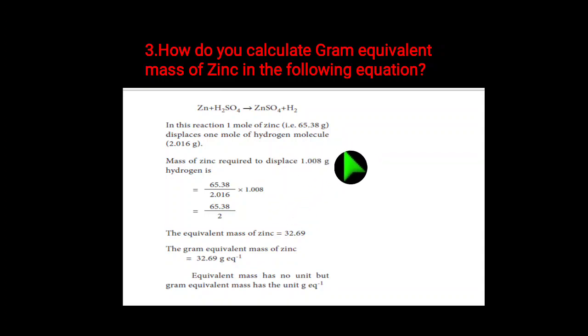That is called the gram equivalent mass of zinc. What's the value? 32.69. Here no unit is given because gram is not mentioned.